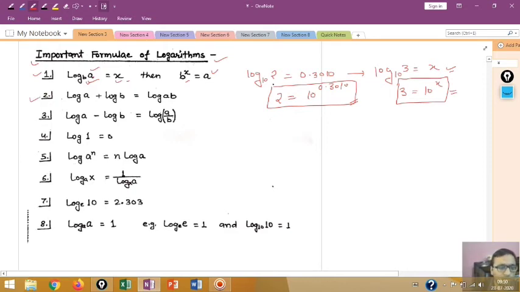Then we have the second property of log, that is log a plus log b equals log ab. What does it mean?